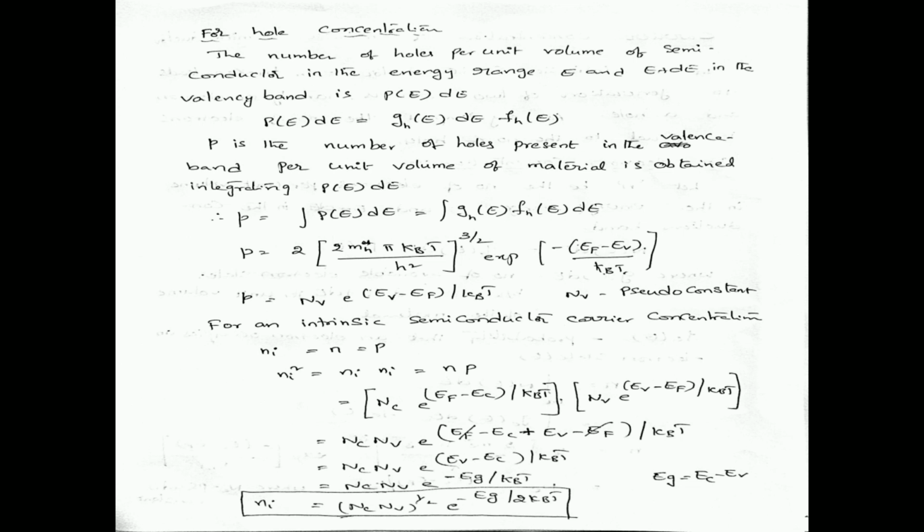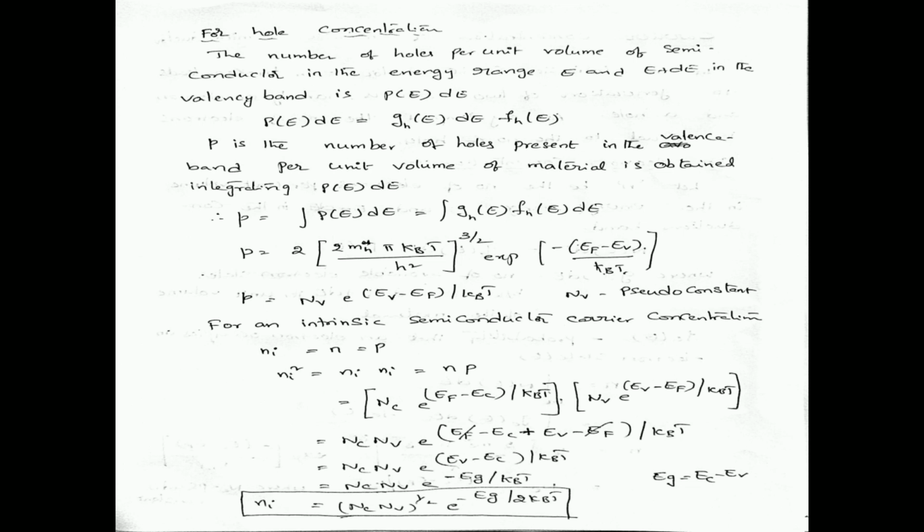So we find in the above expression, n, that means electron concentration, is Nc e power (Ef minus Ec) by kBT, and hole concentration is Nv e power (Ev minus Ef) by kBT. So Nc Nv e power (Ef minus Ec plus Ev minus Ef) by kBT. Here e power x into e power y means e power x plus y.